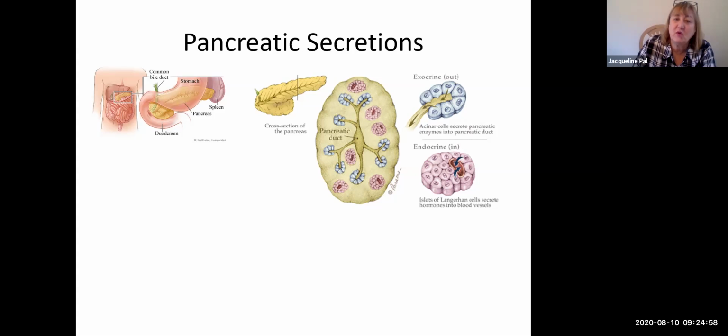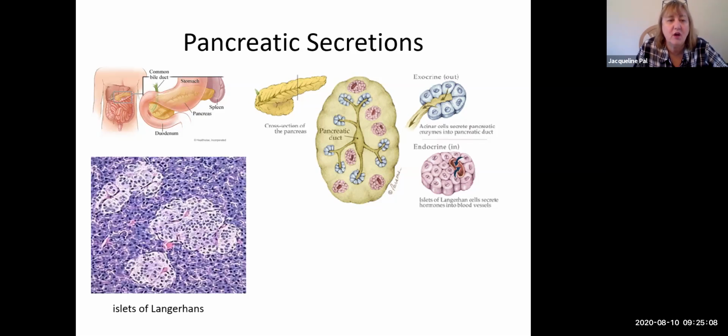The part that we're going to talk about now are these red raspberries, which are dispersed throughout the pancreas. And these are known as islets of Langerhans. The little islands of different types of cells, they're these pale areas interspersed among the normal exocrine tissue.